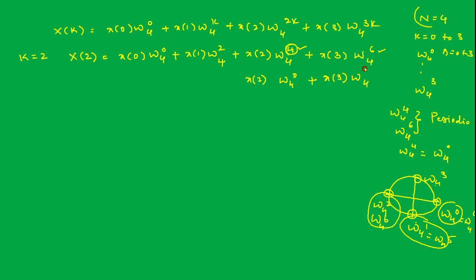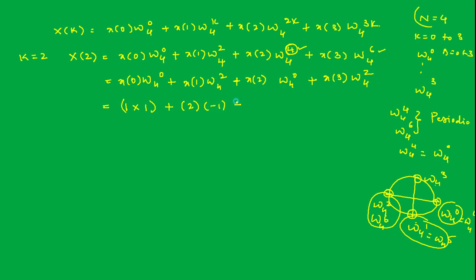So 6 minus 4 is how much? 2, and I will keep these terms as they are: x of n W4 to the 2, plus x of 0 W4 to the 0. Now substitute x of 0 is 1 into W4 to the 0, which is also 1, plus x of 1 is 2. What is W4 to the 2? Minus 1, right?